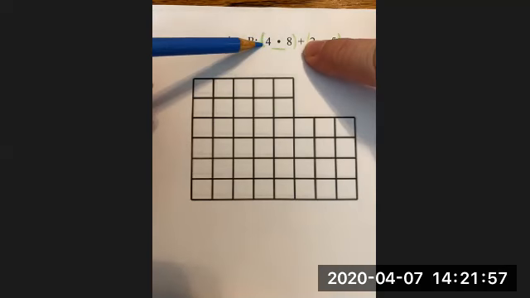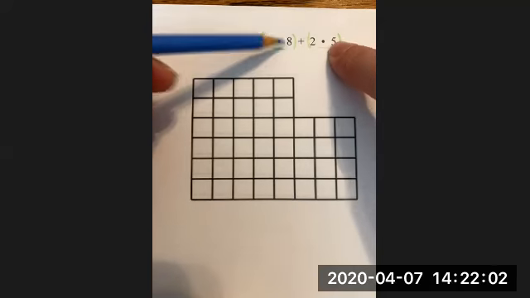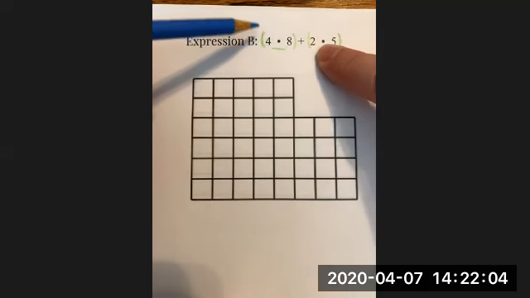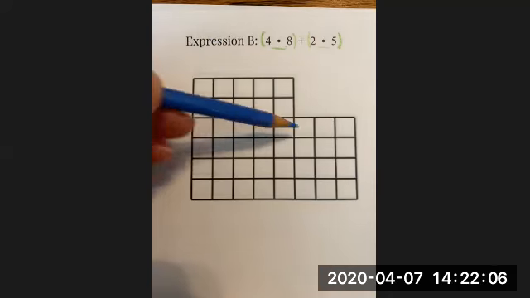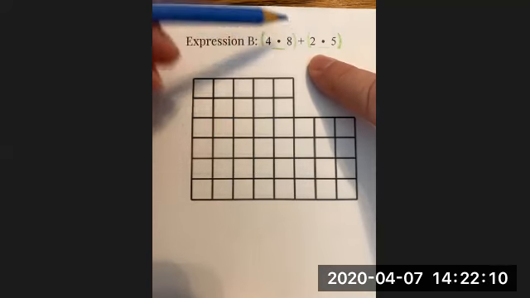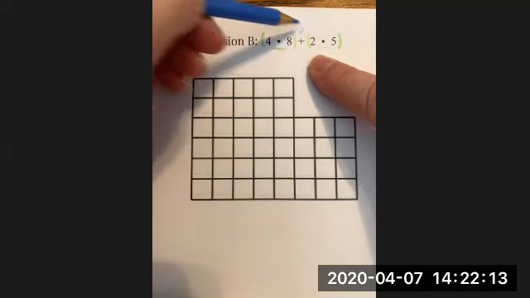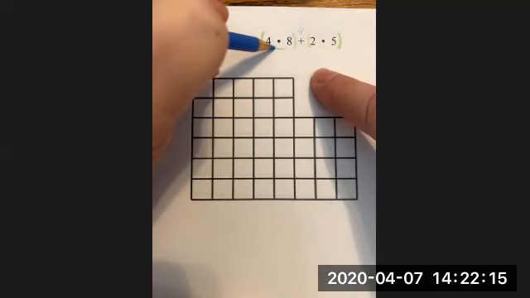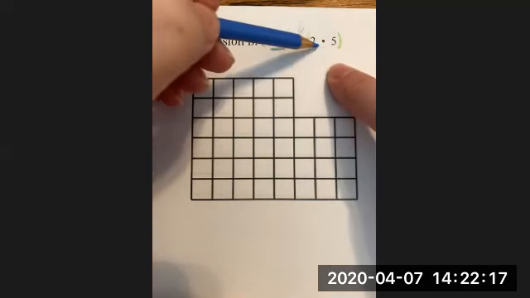And I look down at my picture, and I know that 8's bigger than 5, 4's bigger than 2, so I'm probably looking at this bigger section down here. It's a plus sign, so that means I'm looking for 2 separate things. I'm looking for this one, and then I'm looking for this one.